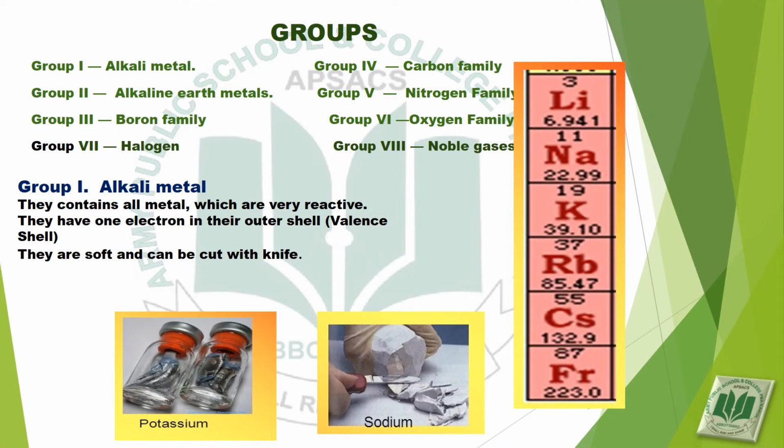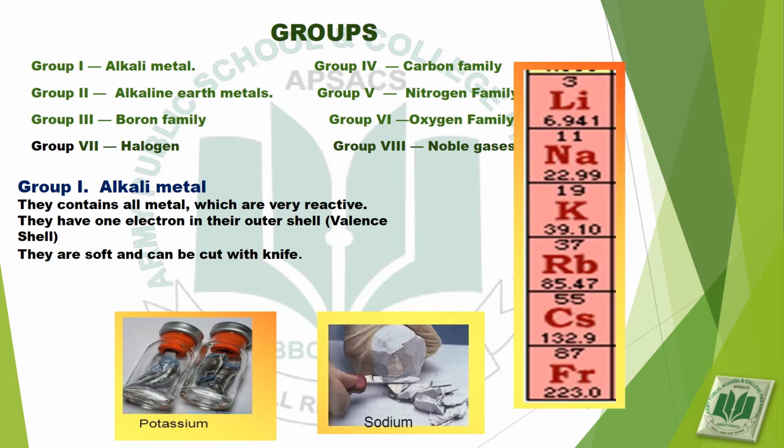Now we discuss groups. Elements with similar properties are arranged in vertical columns, which are known as groups. There are 8 groups present in the periodic table. These groups have their specific, or we can say common, names. Group 1 is also known as alkali metals. Group 2 is called alkaline earth metals.